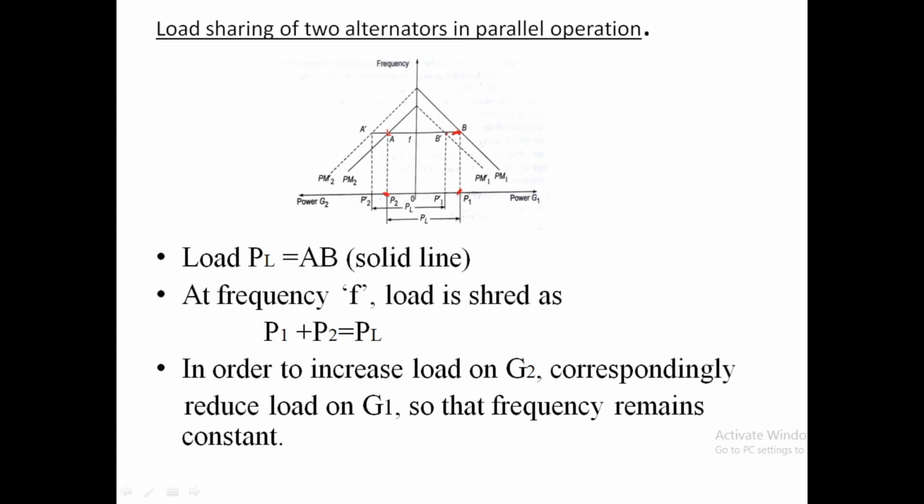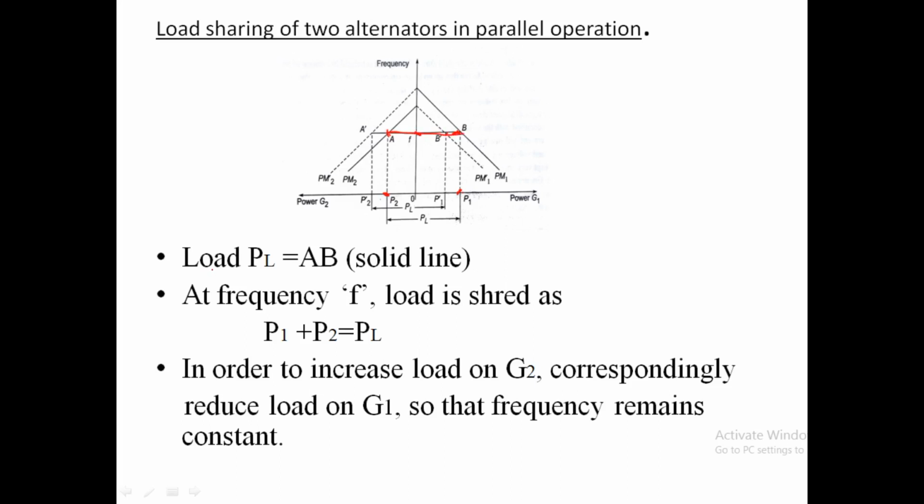Now you can see here the y-axis is representing frequency and the x-axis is representing power. So generator 1 is delivering a power P1 corresponding to this point B. Generator 2 is delivering a power P2 corresponding to point A. And corresponding to this the frequency is f.